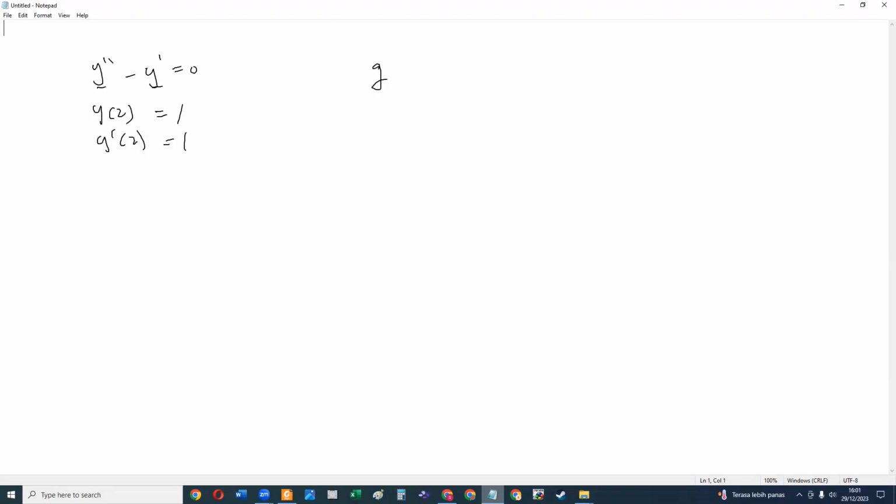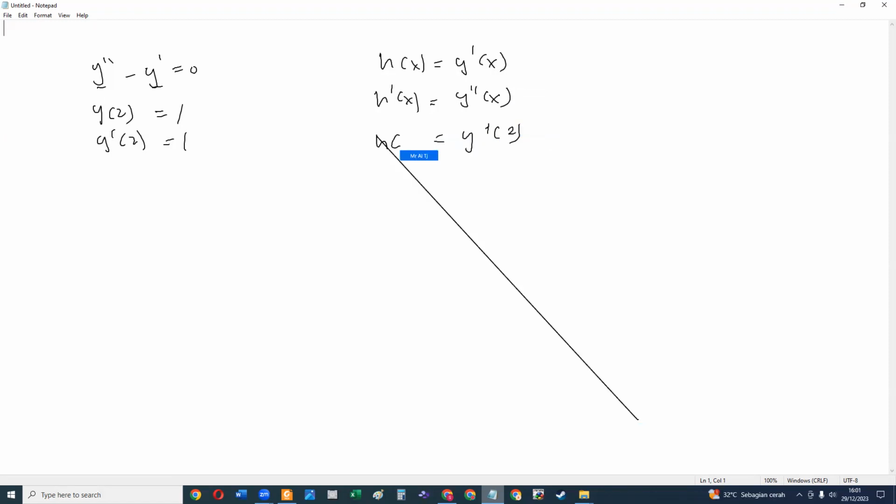The letter g looks like the number 9 here, so I'm going to take another letter and call it h. h of x is the same as y dash of x. Hence the first derivative of h is going to be the second derivative of y with respect to x. And y dash of 2 means h of 2.